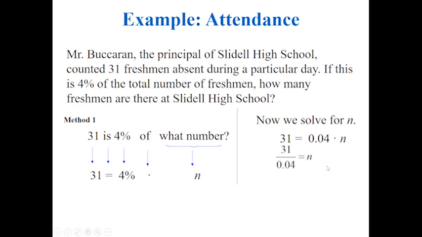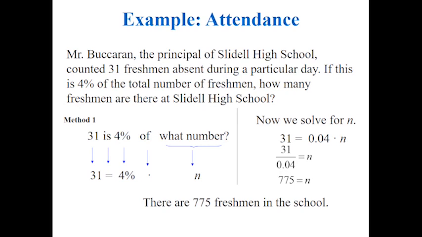And the calculator tells us that 31 divided by 0.04 is 775. Since n is the total number of freshmen, there are 775 freshmen in the school.